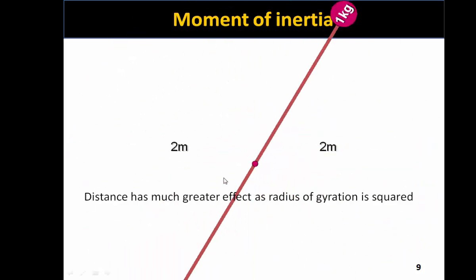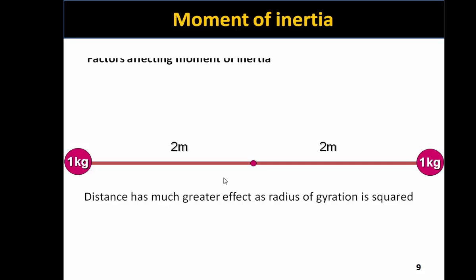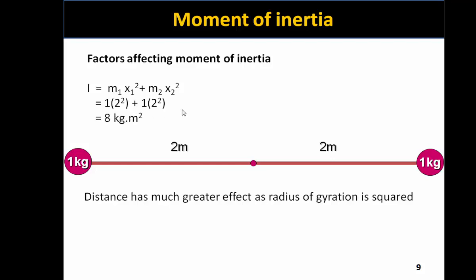We're off the screen a little bit here, but we have this rotating system, and we use the same equation. The only thing that's changed is the distance from the point mass to the center of rotation. By substituting our values for x and for m, we find that by doubling the distance and cutting the mass in half, as we saw on slide number 8, we actually double the resistance to rotation.